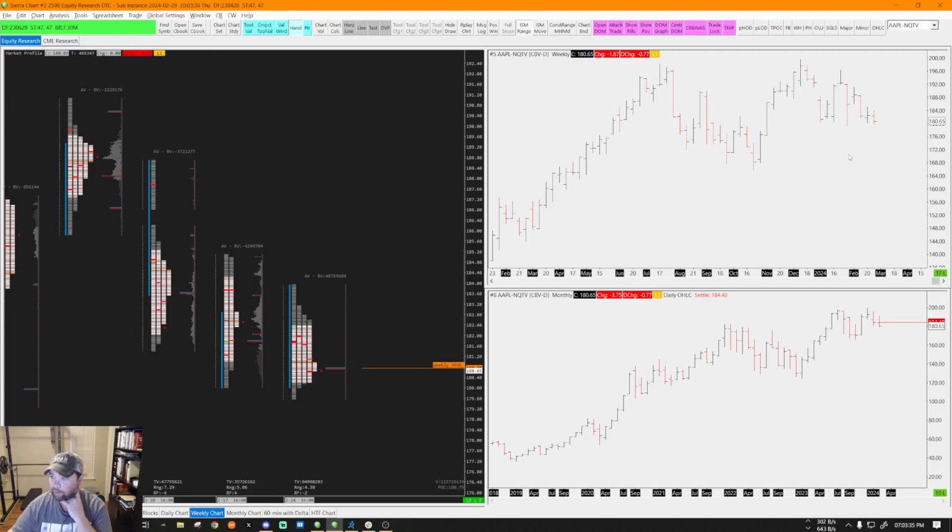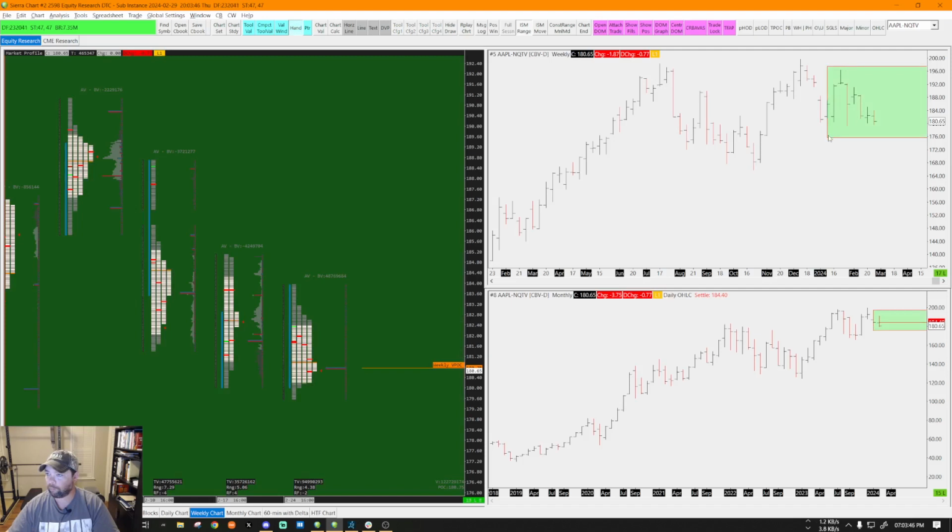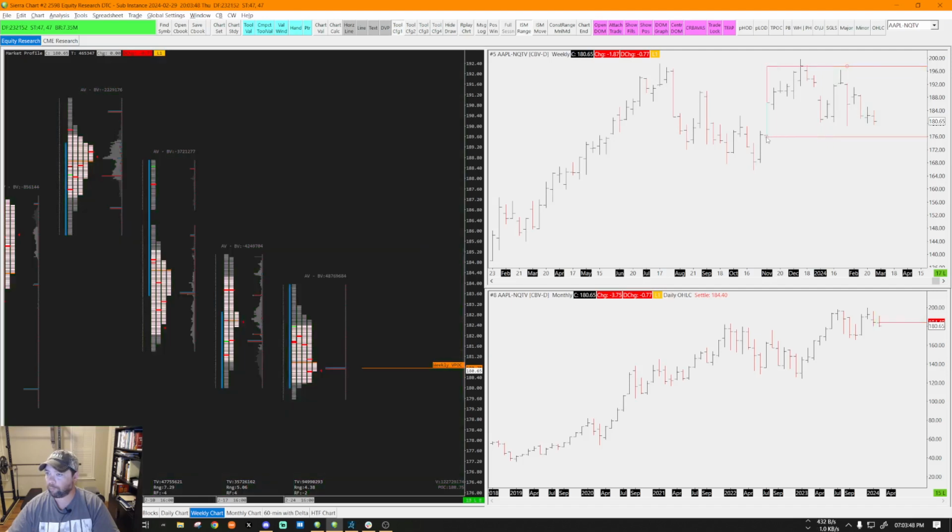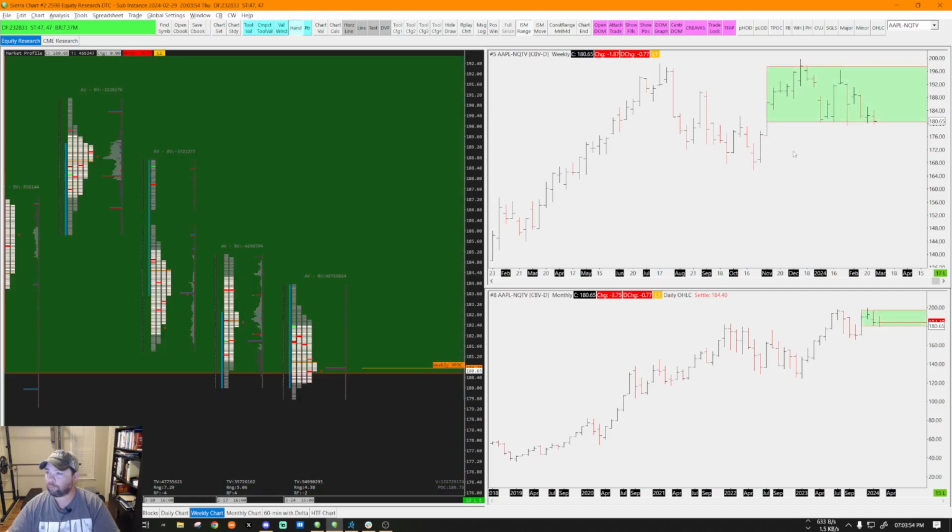So if we look at Apple, we're in a pretty big balance here. This is a monthly chart down here, so we're in a 4-month balance.